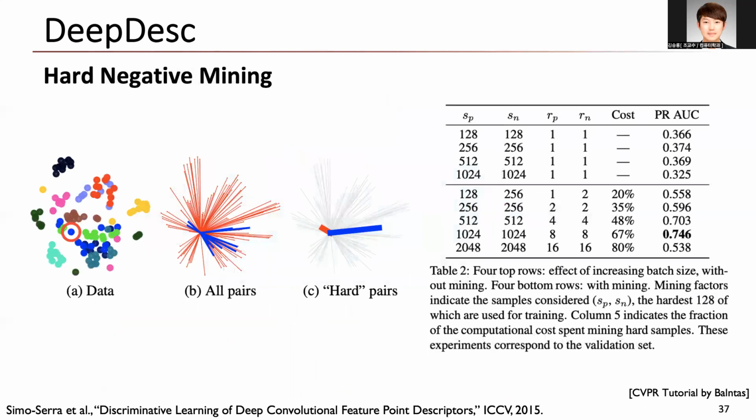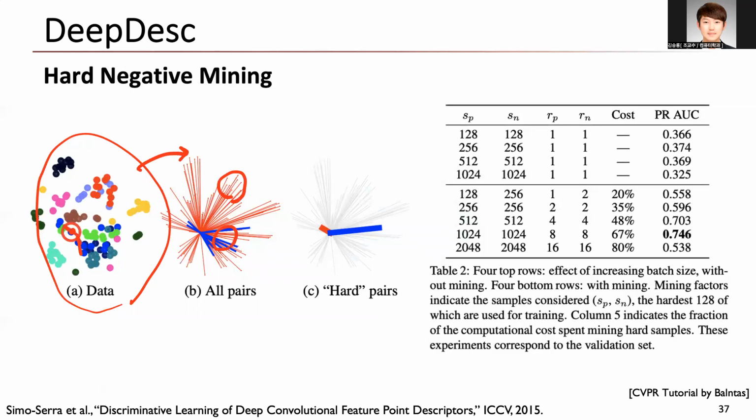So what does it mean? So this is the training data. The blue dot means the same positive sample, and a different color means a negative sample. If we define all pairwise similarities as a loss function, it should be this one, this one, this one, and this red arrow will be the negative sample, and the blue line means the positive sample.